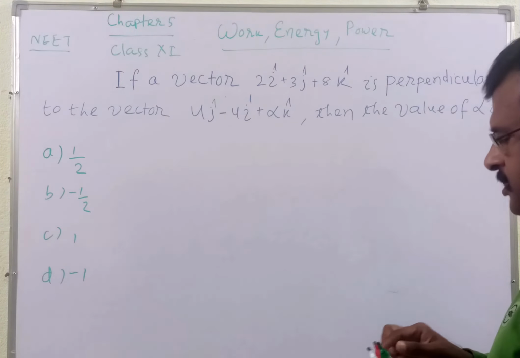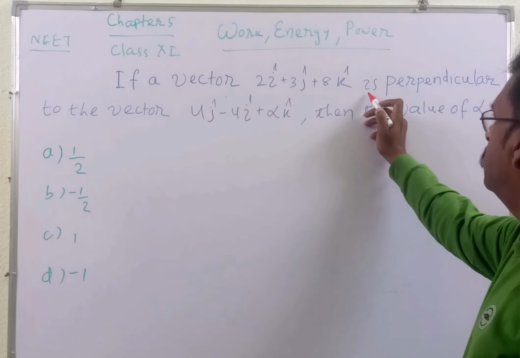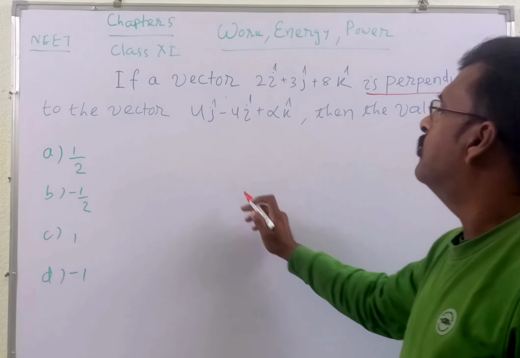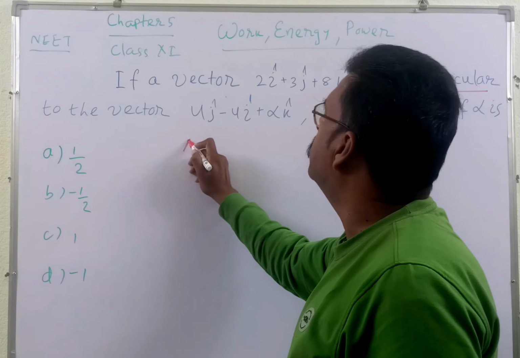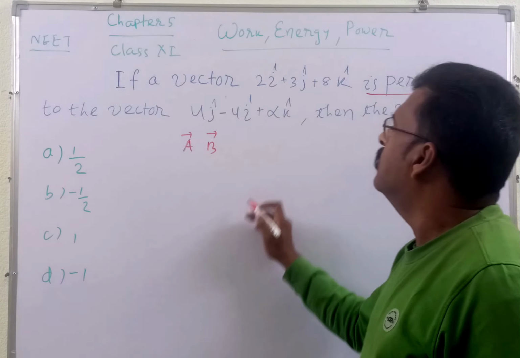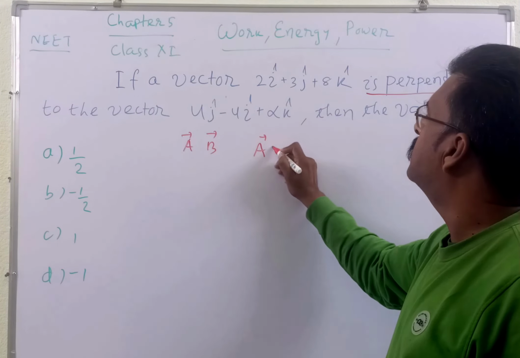It's perpendicular. This is the clue given, that one vector is perpendicular to the other vector. Suppose there are two vectors, A and B. Then what is A dot B?